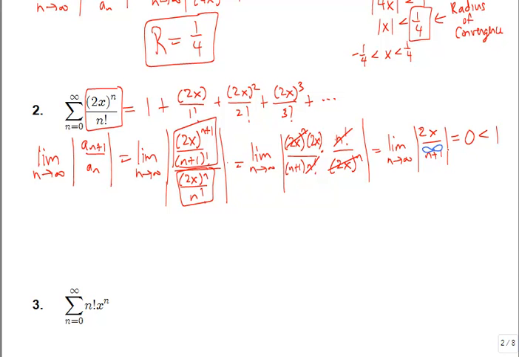In order for convergence to happen, this value that we got for the limit has to be less than 1. So this is always convergent for all x's. So what does that mean about our radius of convergence? If it's always convergent, then our radius of convergence is infinity.